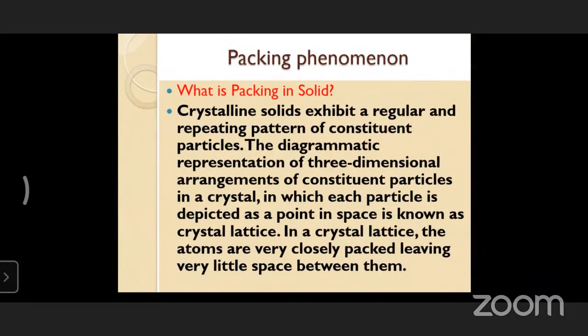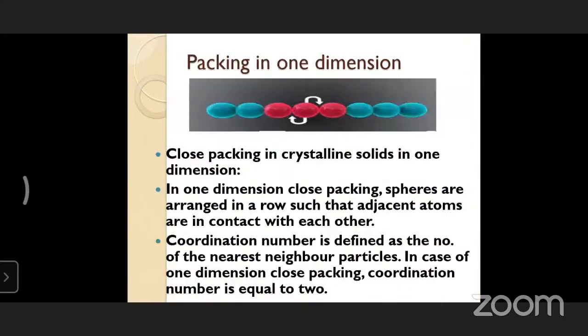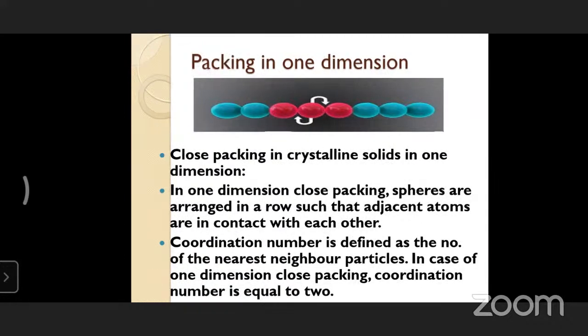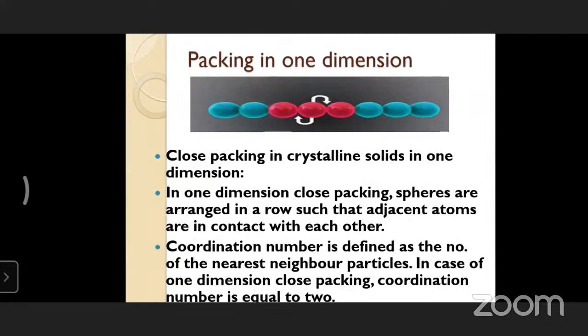Okay, fine. Next. The packing is not available in a zigzag manner; the packing is available in a well-defined manner. That means the packing may be available in three ways: one dimensional, two dimensional and three dimensional. Once you observe the diagram clearly, it is packing in one dimension.